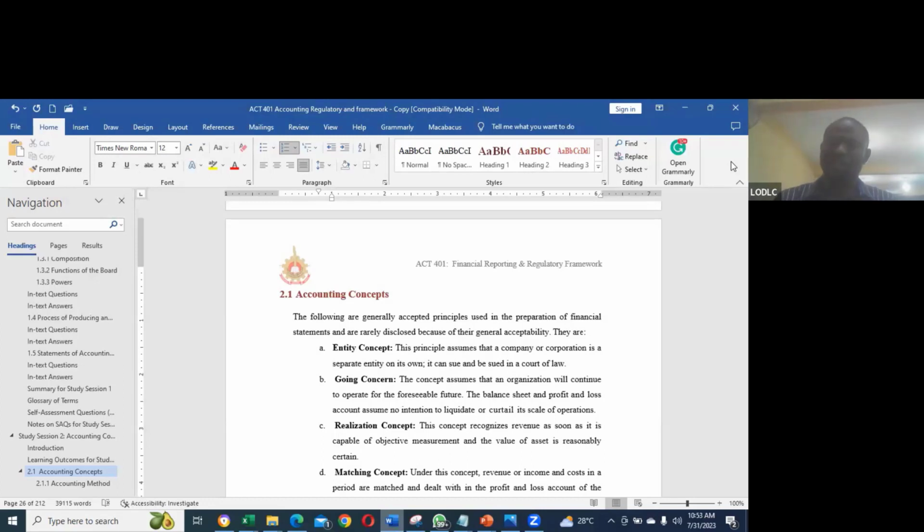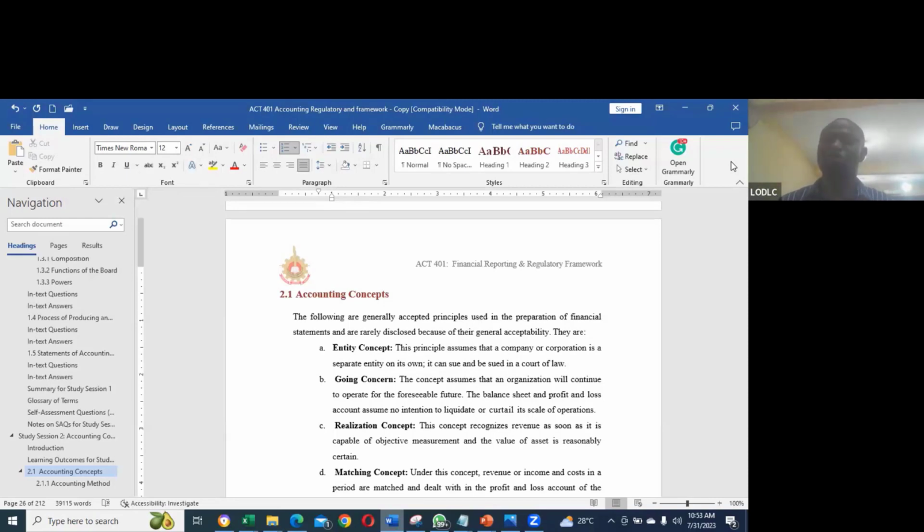Mingled together. For instance, you want to pay for your child's school fees. Do you understand? You now say, oh, let me just take from my business purse to pay. No, even if you don't have any money with you, you have to borrow that money from your what? From a business purse. Do you understand? So as to be able to separate your own personal purse from your business. So that's what the entity concept is trying to tell us.